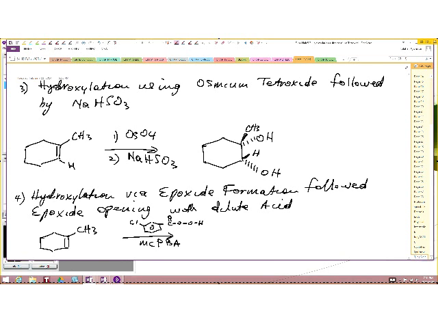So if all you do is just write MCPBA, that is fine with me. When you do that, what that reagent does is to form an epoxide, to add an oxygen across the carbon-carbon double bond. That's all it does.